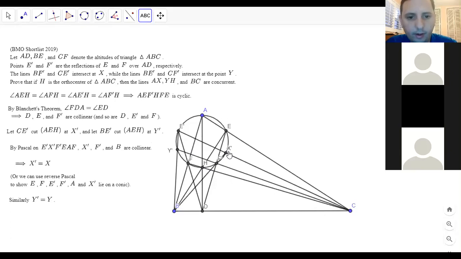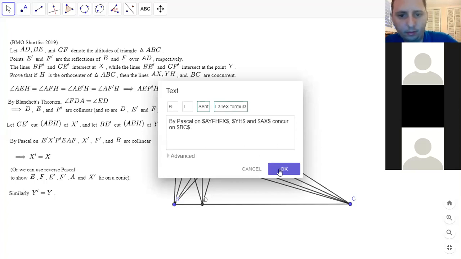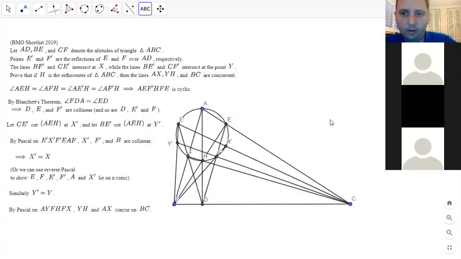Yeah, AYFHF prime X. Then we have YH and AX concur on BC. All right, so this was an easy one, or easier one.